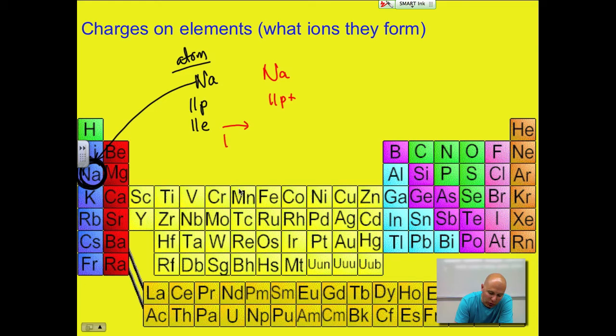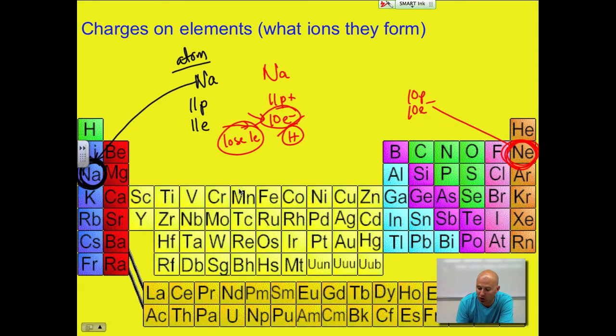It can lose 1 electron and form 10 electrons, which is a 1 plus charge. If it has 10 electrons, take a look at what that is. 10 is neon. Neon has 10 protons and 10 electrons. But if sodium loses 1 electron, it's going to have 10 electrons, which is like neon. It could also, sodium, oops, I should really put this up here, form a 1 plus charge when it loses 1 electron.